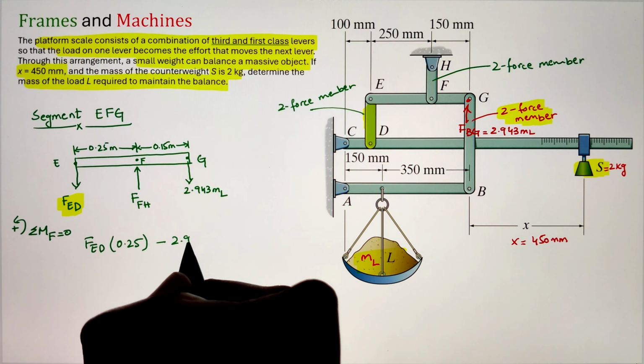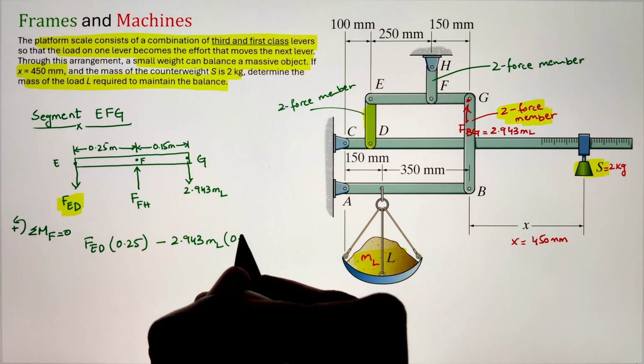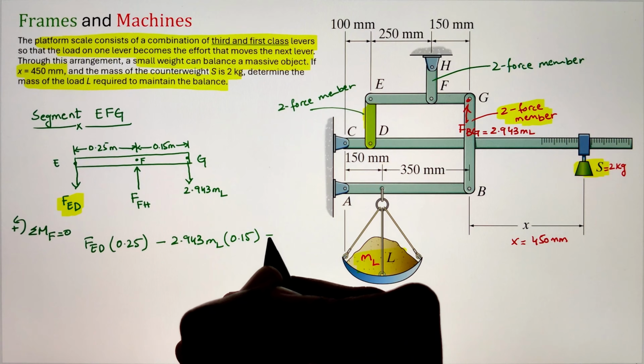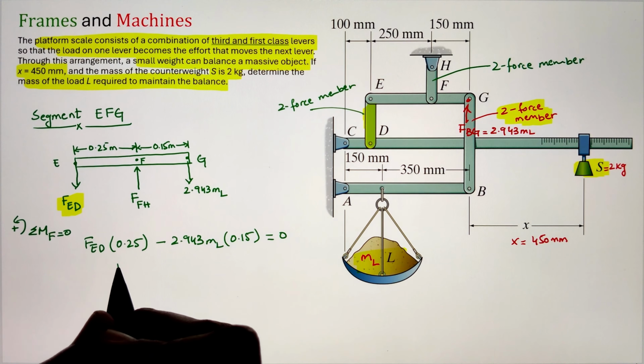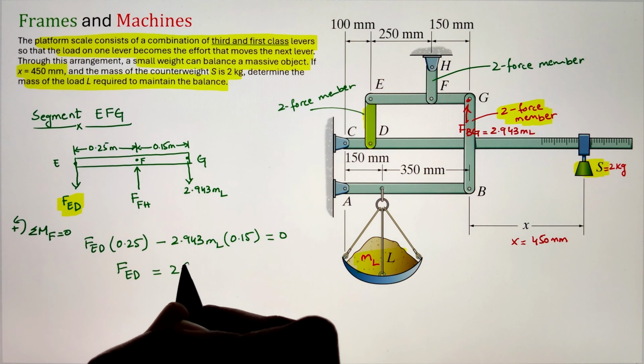Now, in this case, the force FED is creating our counterclockwise moment. That's why it is positive, whereas the load 2.943 ml is creating our clockwise moment. That's why it is negative.